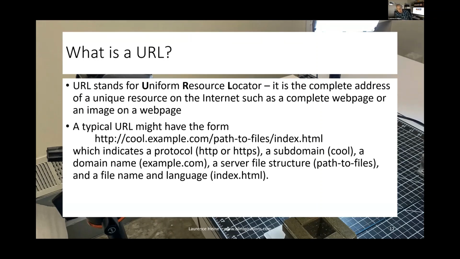In the domain name, in this case, the sample example.com, the com is the suffix, which is called a top-level domain. And it's meaningless to you other than to know that com, net, org, biz, edu, gov, mil are all different top-level domains, and they're all managed by different groups.